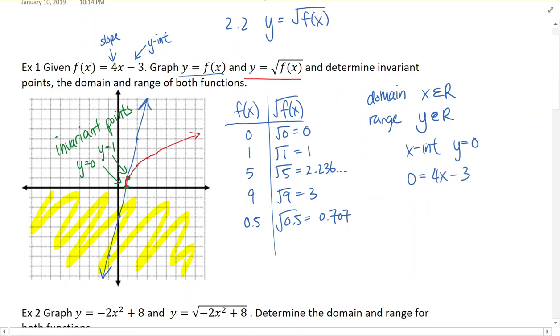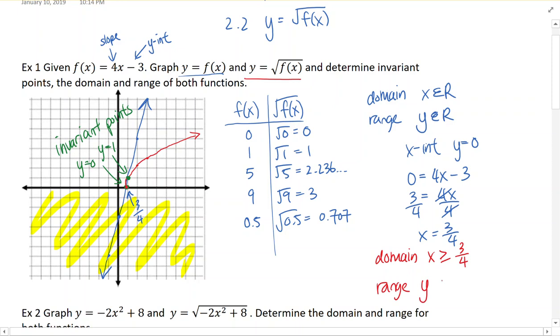When you shuffle things around, you'll have 3 equals 4x. Divide both sides by 4. So x equals 3 over 4. That's our x-intercept. So here is basically 3 over 4. And we know that the x values will be anything bigger than that. So our domain is when x is greater than or equal to 3 over 4.